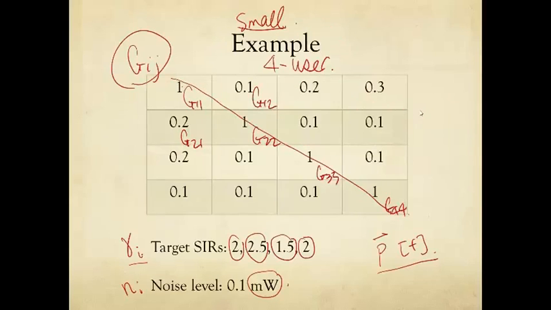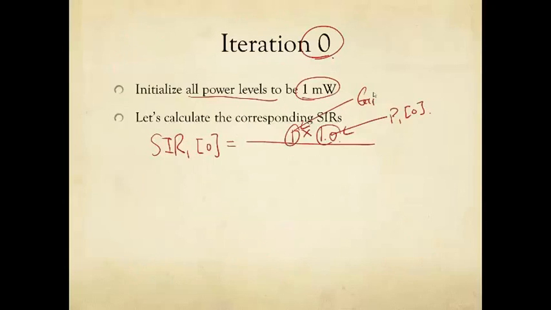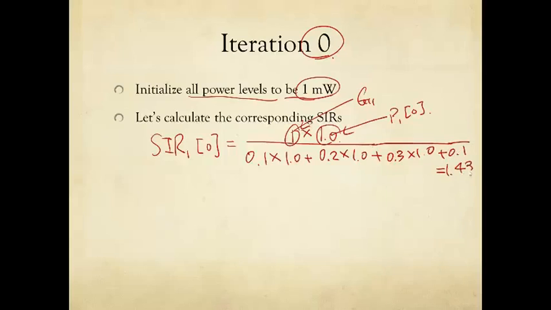Let's say, what are the interference channels? Well, we got 0.1 from the second transmitter, 0.2 from the third, and 0.3 as the interference channel gain from the fourth user. So we have to multiply 0.1 by the transmit power for the second user, which is 1.0. And then 0.2 times, again, 1.0, because everybody's power is initialized to be 1 milliwatt. And then 0.3 times 1.0, plus, don't forget a little noise term, 0.1, and this turns out to be 1.43.